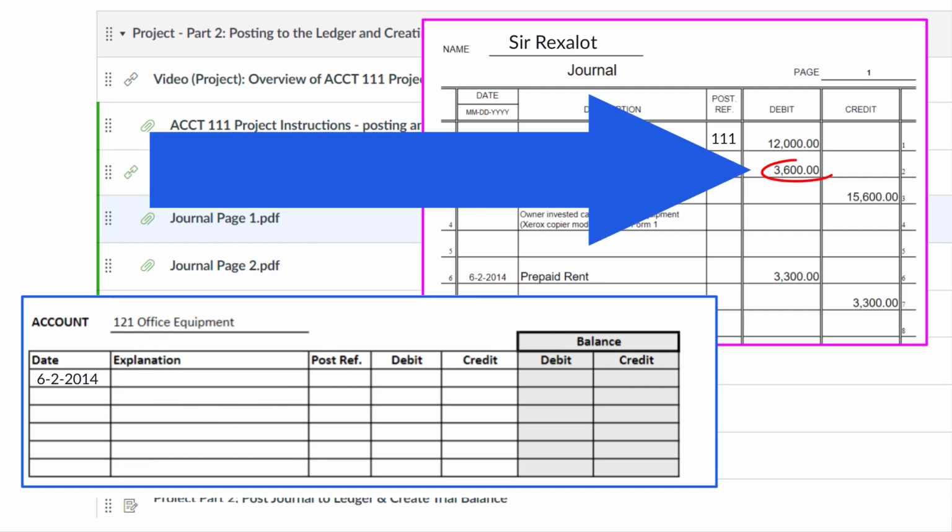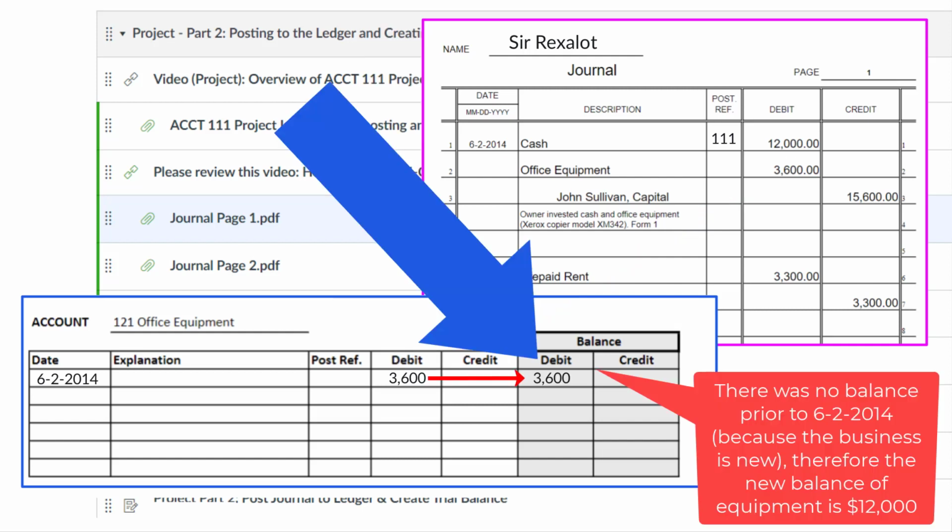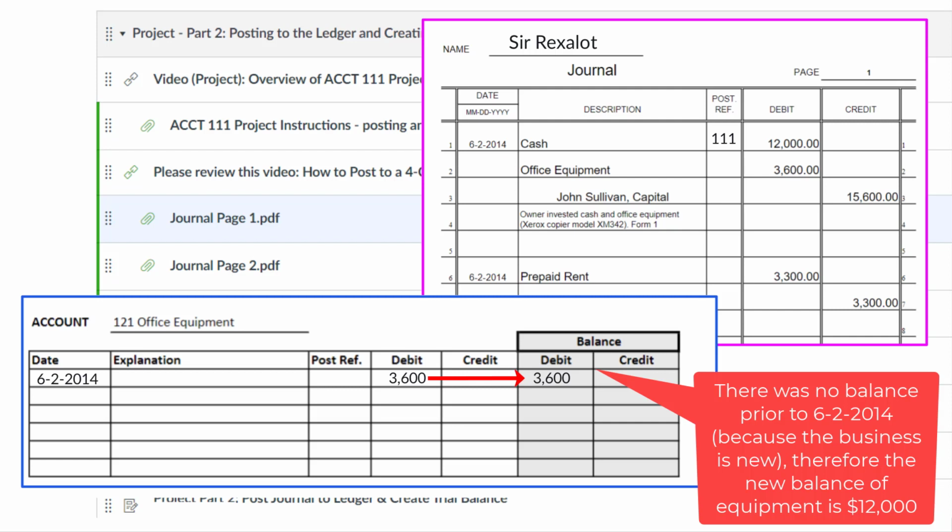And then in the journal, we look and see that there's a $3,600 debit. So we're going to put that $3,600 debit in the first debit column. And that gives us a new balance of $3,600 because there was no previous balance. And then for the post reference, we put J1 because it came from the journal, page 1.